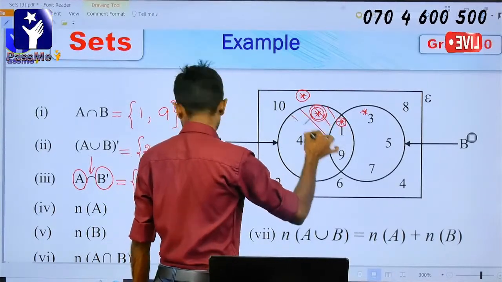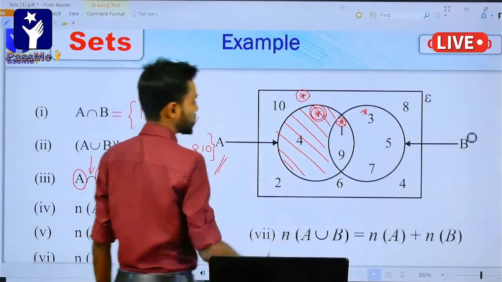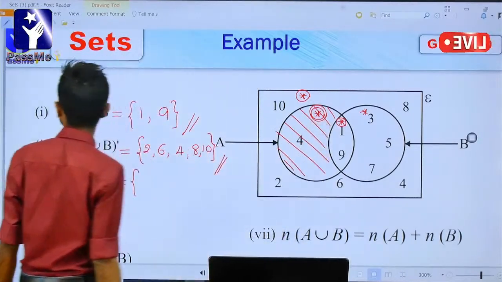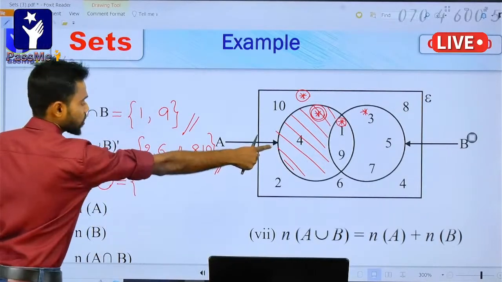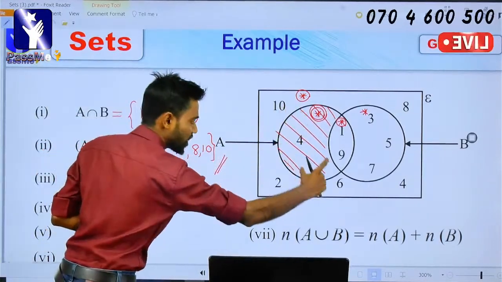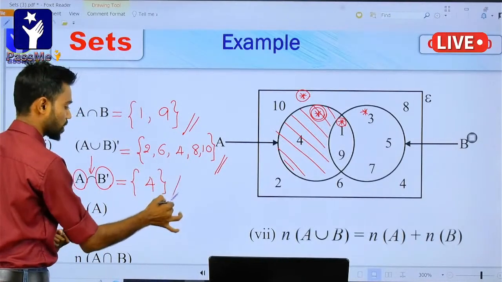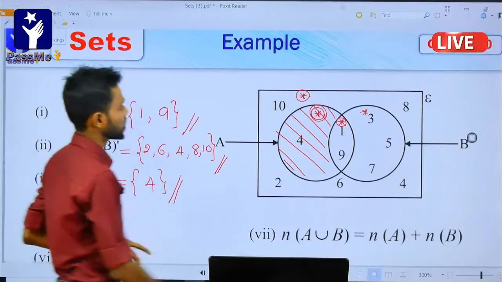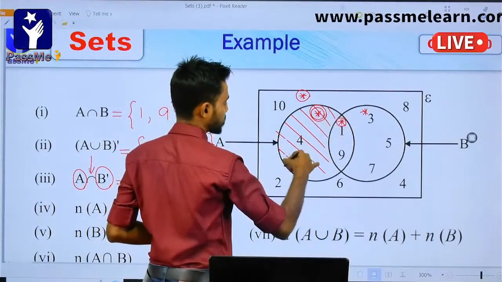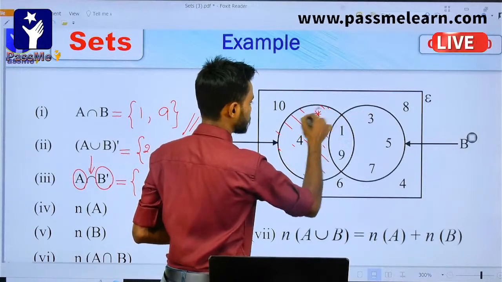You don't actually need to shade the region, but to make sure this is the region, I just shade it. The only element relevant to this shaded area is number 4. So you need to write number 4 and close the bracket. Okay, clear? I will remove the lines so that we can move forward to the next questions clearly.